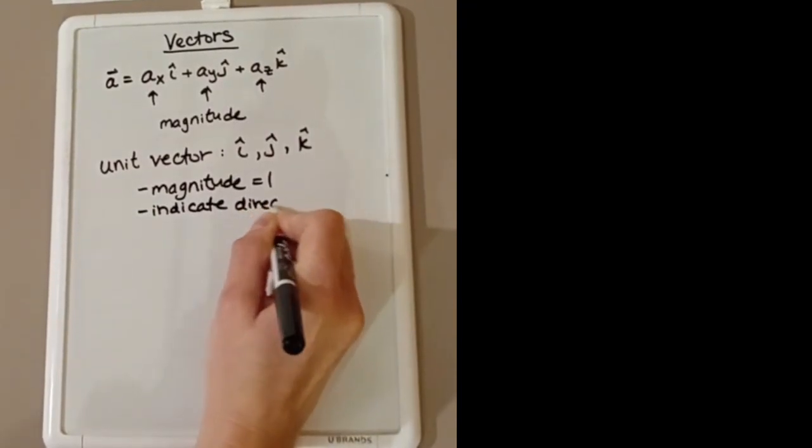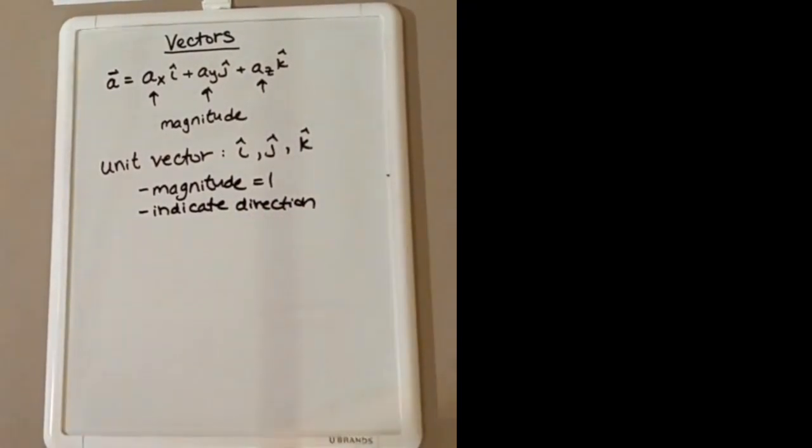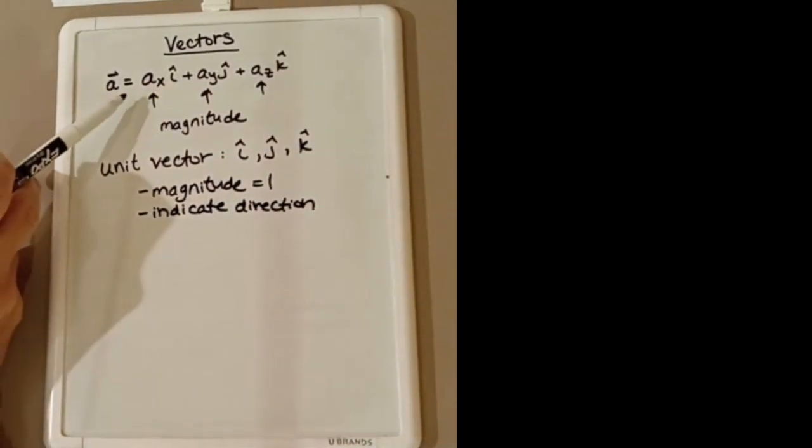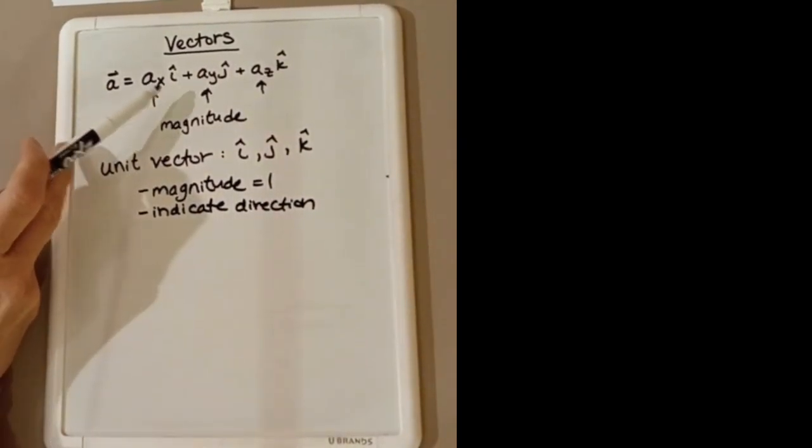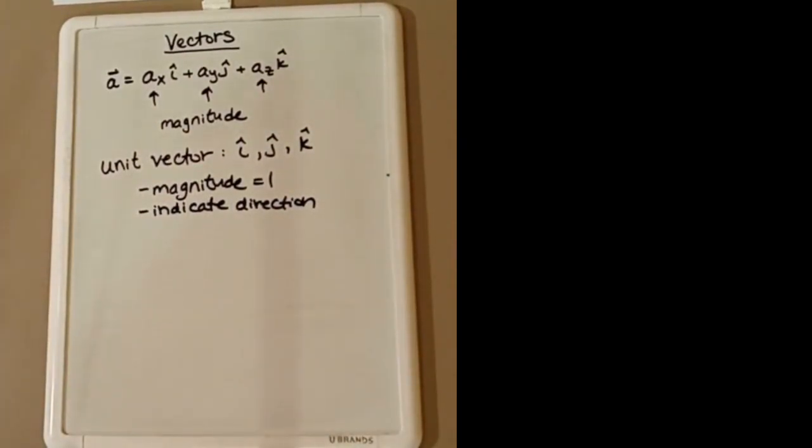So that's all they're used for, is really just to indicate direction. So when you have your A sub X component with an I hat, that means that your AX magnitude with an I hat notation means that you are in the X direction, because I is always going to correspond to X. That's just going to be our definition.